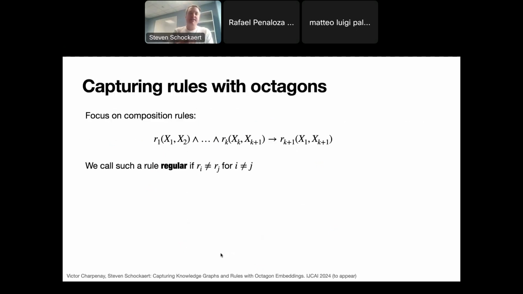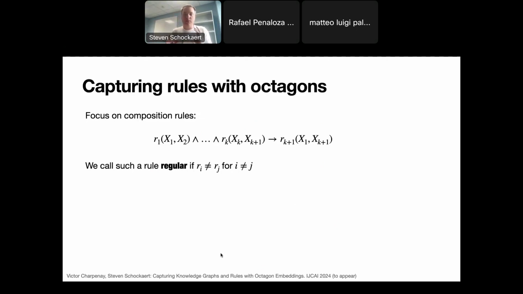Okay, so the main question now is, what about rules? We know that with arbitrary convex polytopes in 2n dimensions, we can capture arbitrary composition rules. So we may wonder, is that still true if we have this octagon-based model where we have a pairwise approach? Now the answer is no, unfortunately.